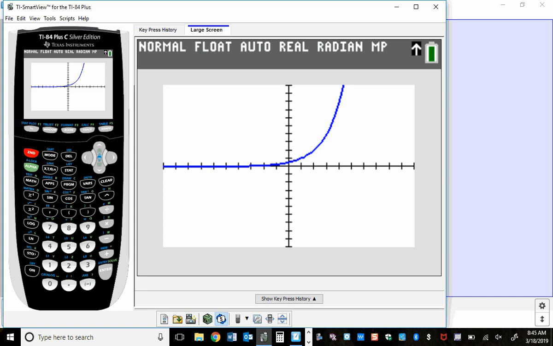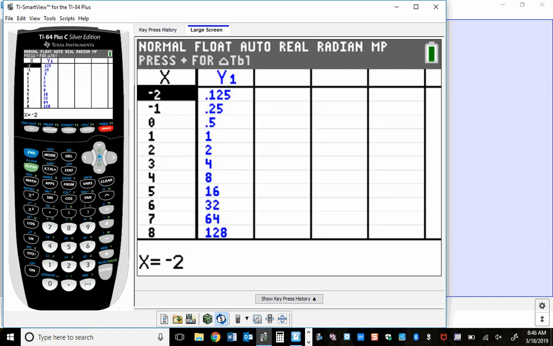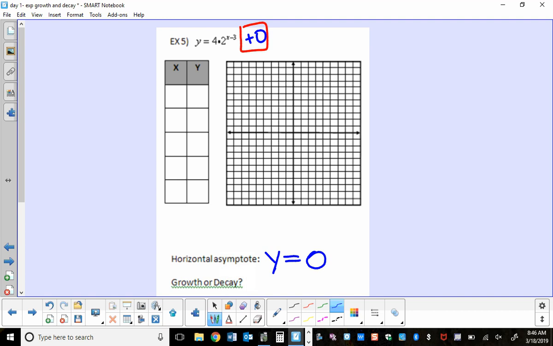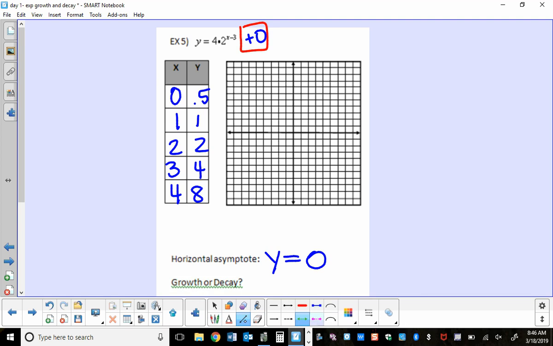Let's go to my table. I started with 0. So let's break down these points. For my points here, I have (0.5, 1), (1, 2), (2, 4), and (3, 8). Because I know my asymptote now is going to be 0, I'm drawing a horizontal line right at 0.